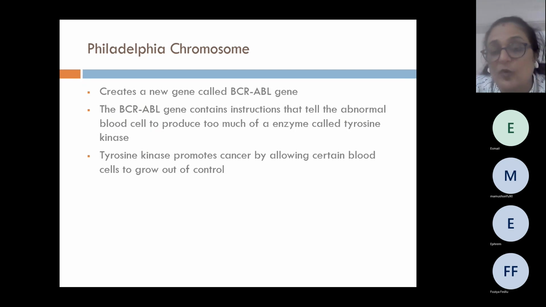And what does Philadelphia chromosome do? It in turn makes tyrosine kinase in huge numbers, which is responsible for the huge cell production, or a huge number of abnormal WBCs are produced, right? But let us just understand, and then we will again touch upon the Philadelphia chromosome later on.